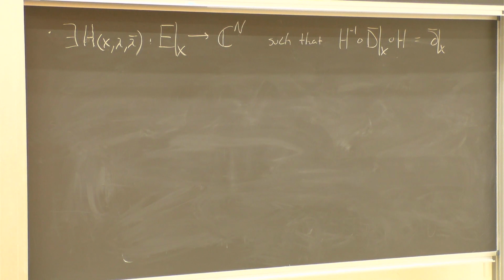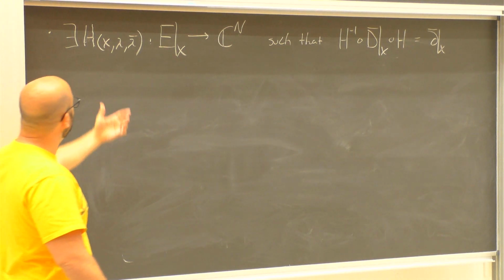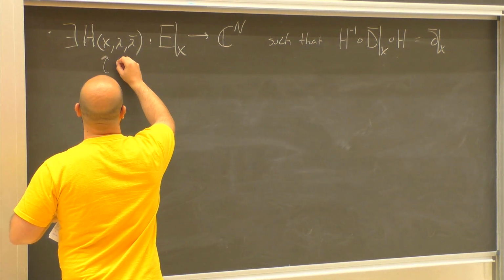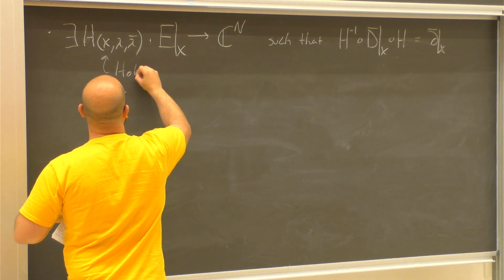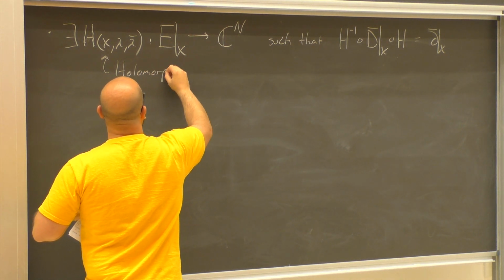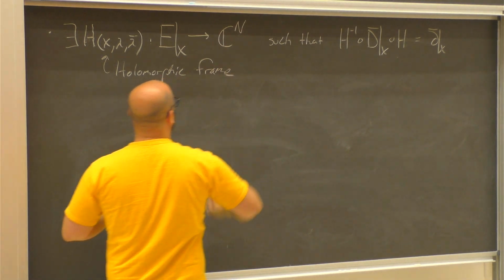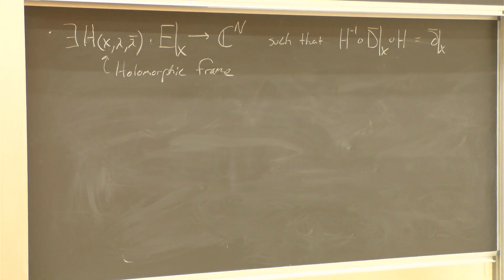You have some open neighborhood of existence. So if your partial connection on twistor space is too big, in quotes, let's just pretend that we can agree what that means, then this holomorphic frame, so this is what we'll call this thing, a holomorphic frame, it might not exist. So in fact, one can construct explicit examples where it doesn't exist.